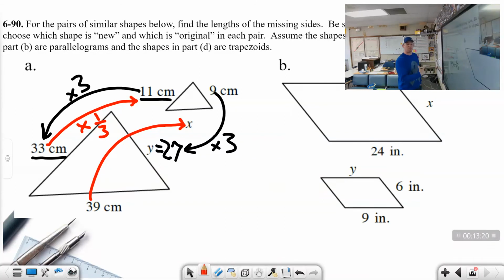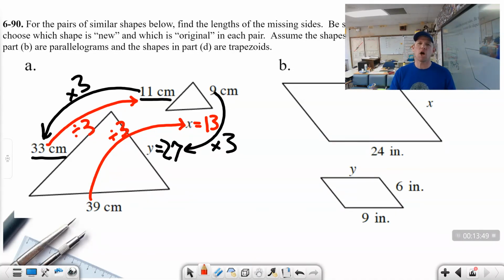But remember, multiplying by 1/3 is the same thing as dividing by 3. So instead of driving forward times 3, I could drive backward, divide by 3. If 33 divided by 3 is 11, then 39 divided by 3 is 13.